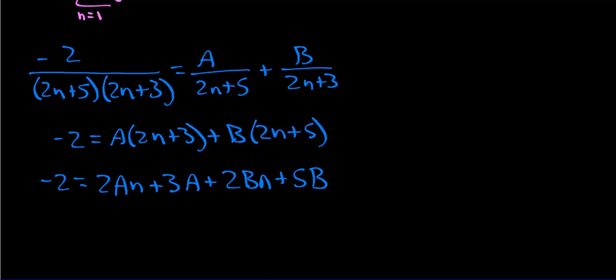Now, the coefficients of n, which are 2a plus 2b, have to equal 0, because there's no n on the left with the negative 2.